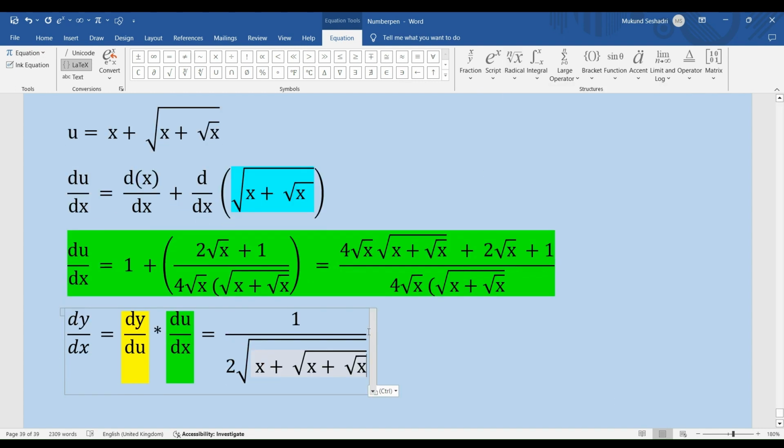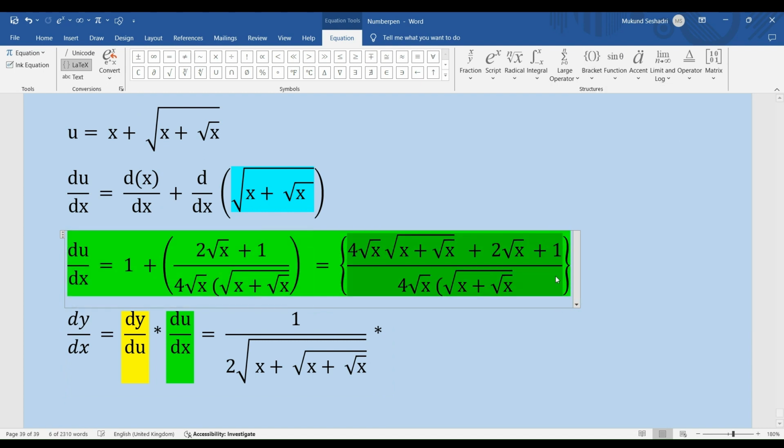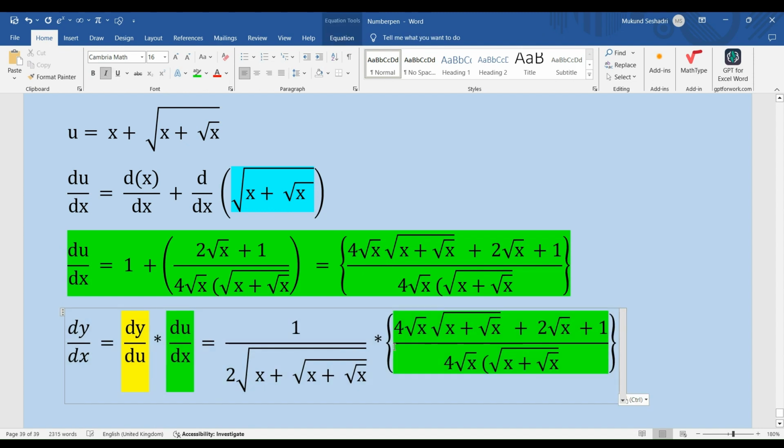So that's the first part, and then I go to the second part, and I have this long expression here. So to avoid confusion, I'll pull out my bracket and then I'll just copy paste it here, right?